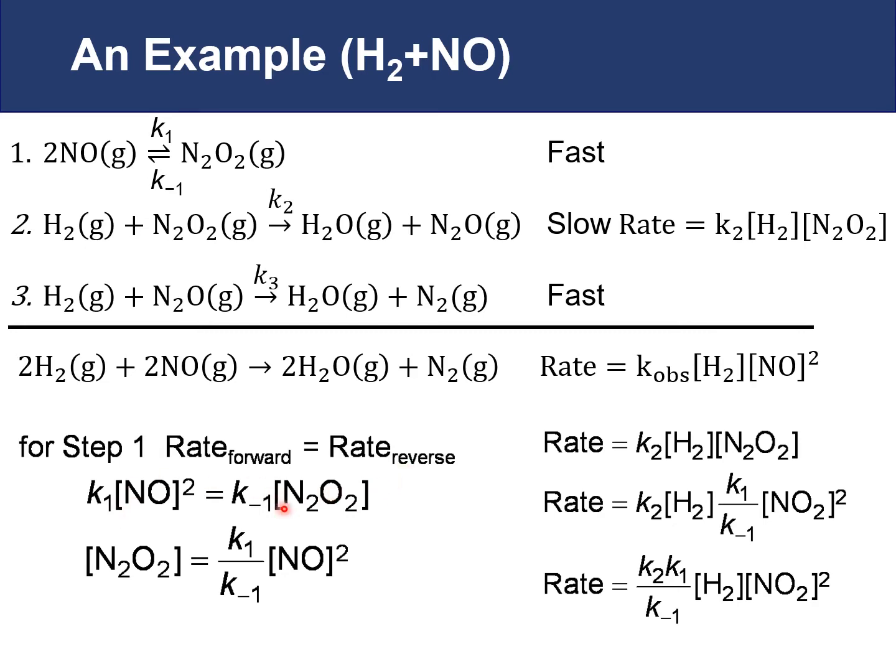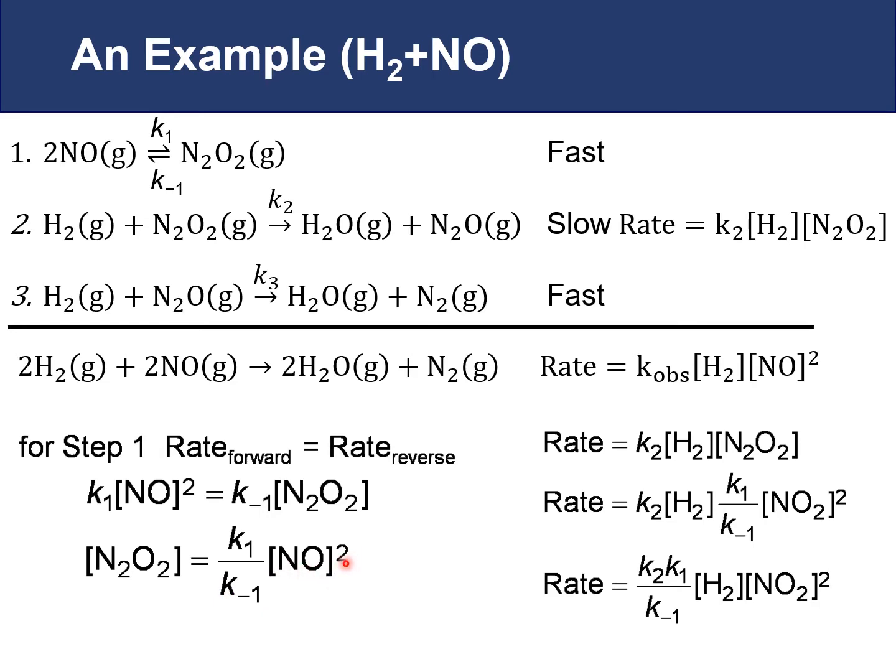These two are equal. So we want to have a new way of expressing this N2O2. Well, we can take our K minus 1 and divide both sides by that, moving it over to the left-hand side. This gives us that the N2O2 concentration is equal to K1 over K minus 1 times the NO quantity squared.